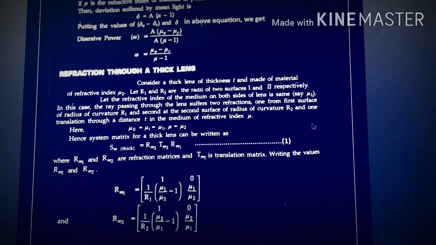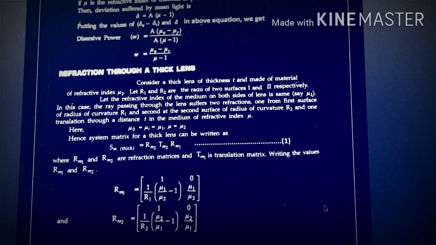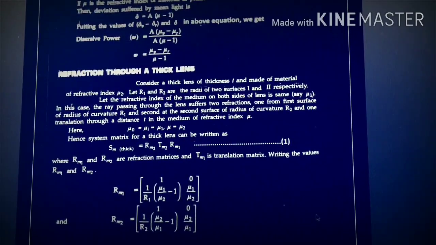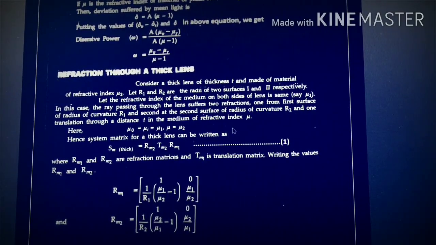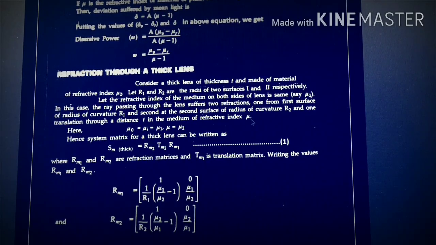The refractive index on the other side is mu 1, but inside the thick lens the refractive index is mu 2. The thick lens has two surfaces with two radii, 1 and 2 respectively. In this case, the ray passing through the lens suffers two refractions, because two surfaces are there: one from the first surface, then another from the second surface.